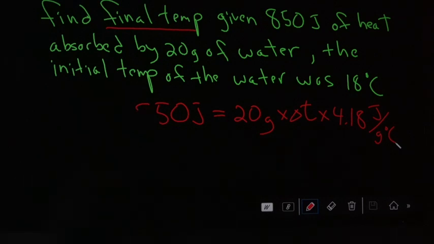And you come out with this. Delta T equals right around 10 degrees C. So you have to find delta T first.